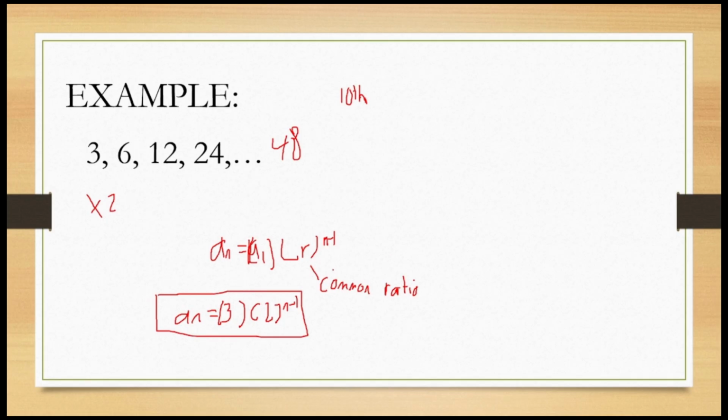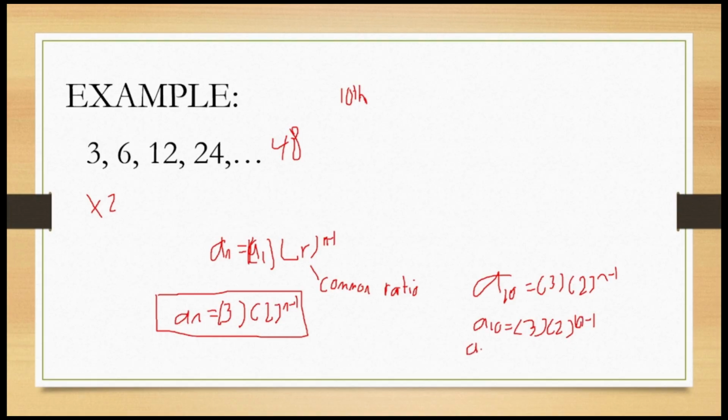And if we try to solve for the 10th term, we will replace n with 10. So a10 equals 3 times 2 raised to the power of n minus 1, which will lead us to a10 equals 3 times 2 raised to the power of 10 minus 1.